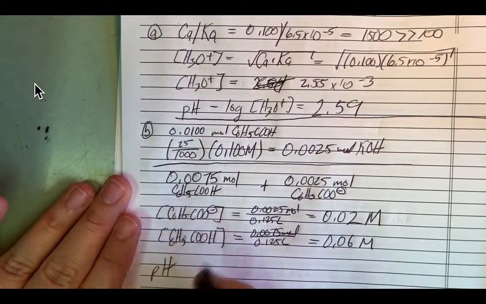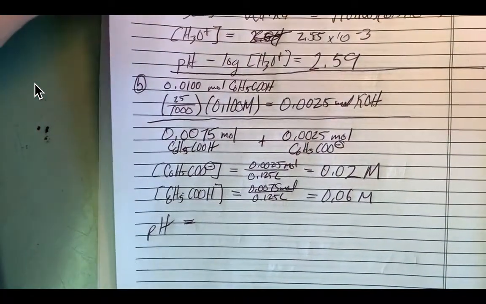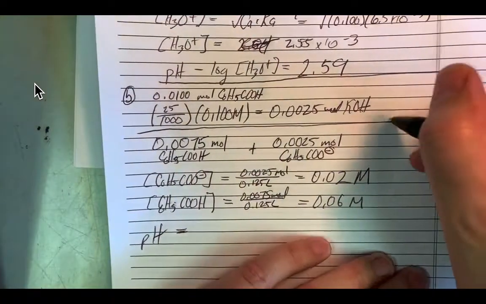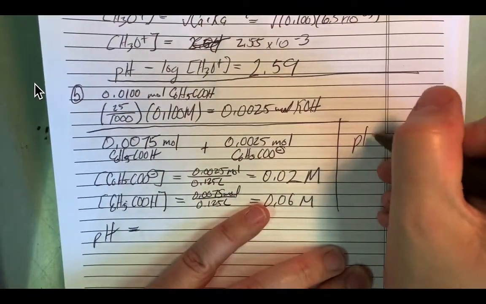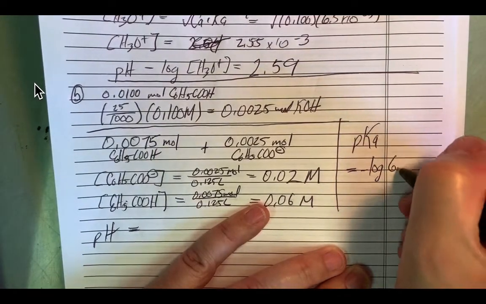And now pH is equal to pKa, and our Ka, we need to do that. Let's do that over here. pKa is equal to minus log of our Ka.